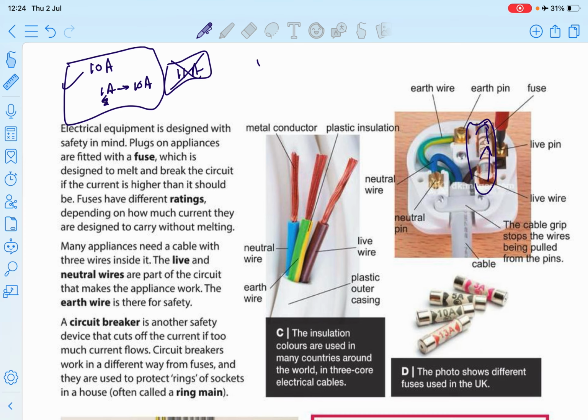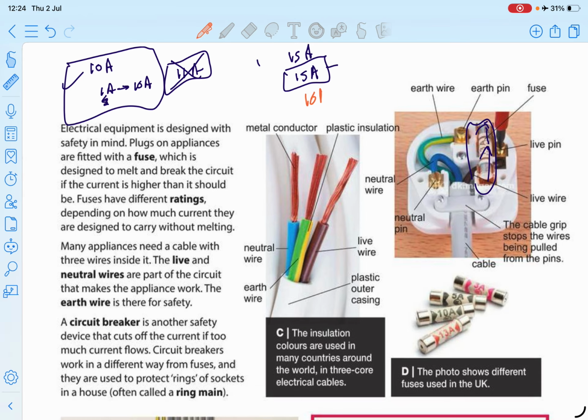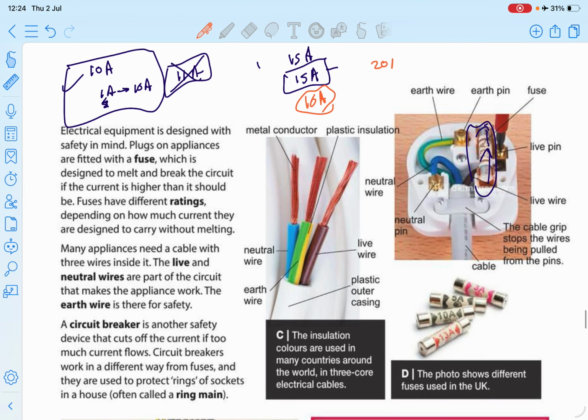Think about if your laptop is rated for 15 ampere, right? So in that case you need to use an exact 15 ampere fuse. Why? Now if you use a 15 ampere fuse, if 16 ampere comes in, the fuse burns and protects your device, right? If you use a 20 ampere fuse instead of 15 ampere, what happens? It passes 0 to 20 ampere current through the fuse.